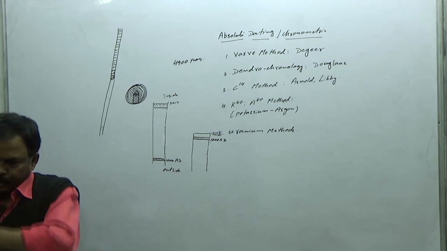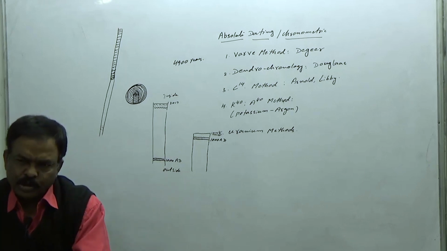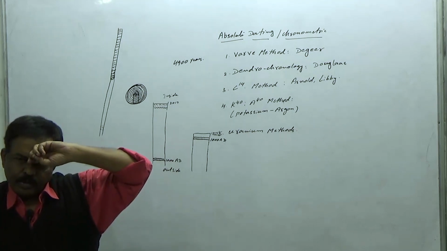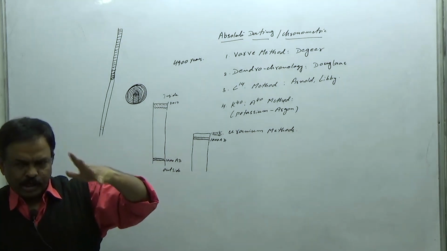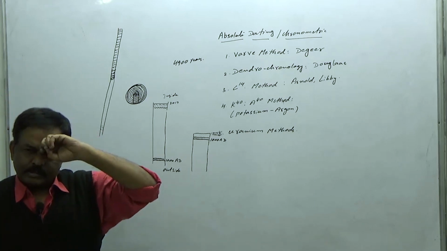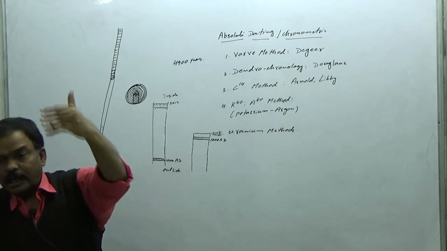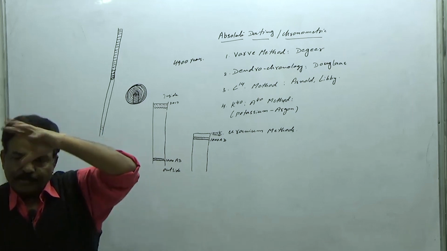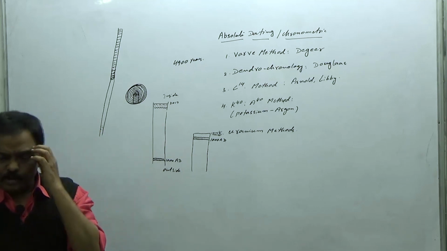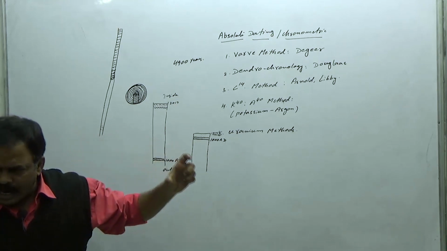Then a sudden change, almost 4,900 to 5,000 years gap. That means almost once in 4,500 years some change arises in glacial regions. That's why the climatic conditions also change about every 5,000 years, and that's why the annual rings also change every 5,000 years. For the remaining 5,000 years, almost 5,000 lines are the same.